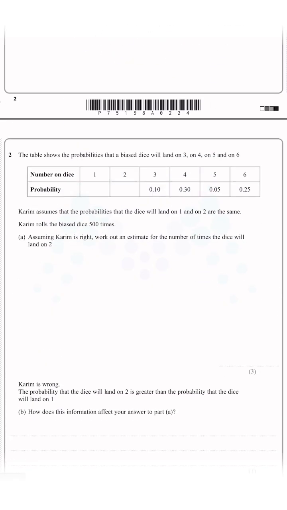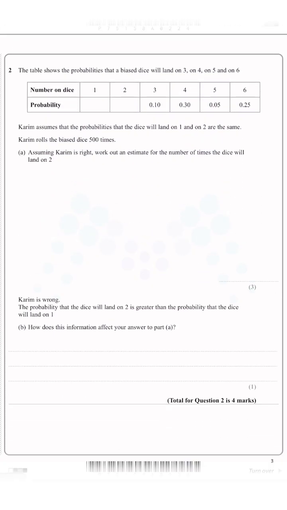So next question. It says the table shows the probabilities a biased dice will land on 3, 4, 5 or 6. Kareem assumes the probabilities the dice will land on 1 and 2 are the same. Kareem rolls the biased dice 500 times. Now we know that all of these must add up to 1, which is a 100% chance.